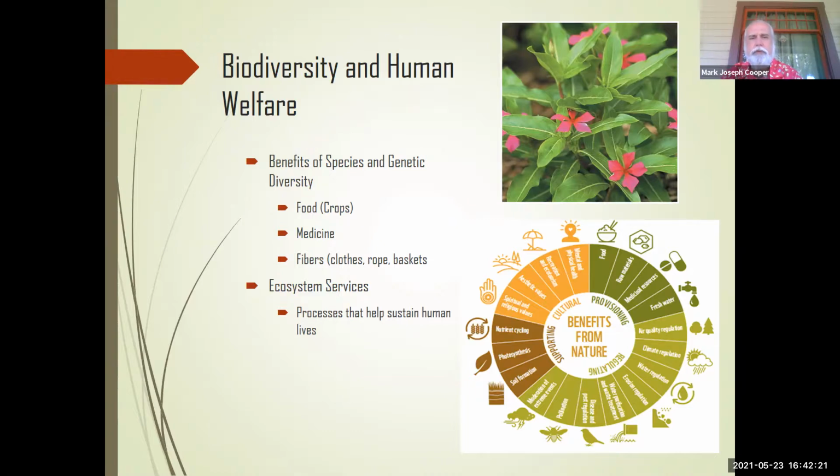And fibers for clothes, ropes, baskets. I didn't close that parentheses, but also ecosystem services. And you can see that on the right, things that help sustain our lives. And there are cultural things, with recreation and again, aesthetics. And even spiritual. And then we have provisioning for food and medicines and fresh water.